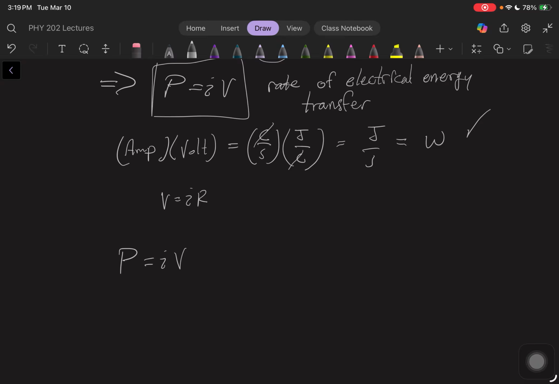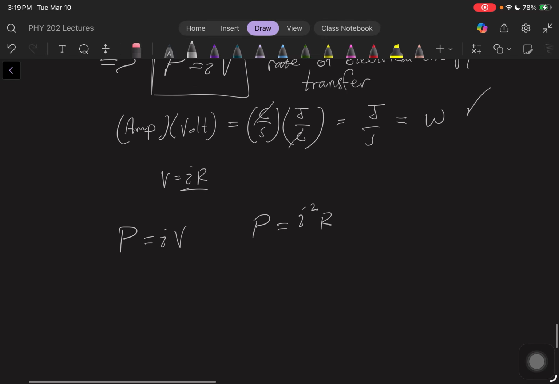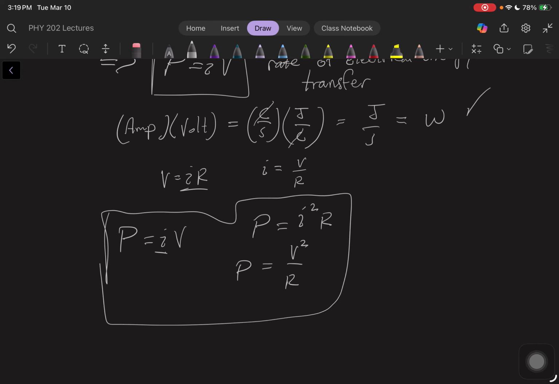Well, V equals IR, and so then you get P is equal to I times IR, I squared R. Or if you want, you can substitute in I is equal to V over R for I, and you get P is equal to V squared over R. And so we have these three equations here to talk about the power of a circuit.